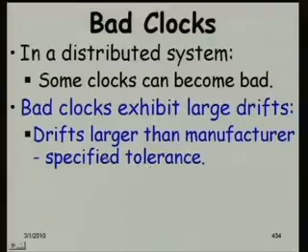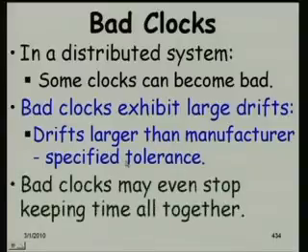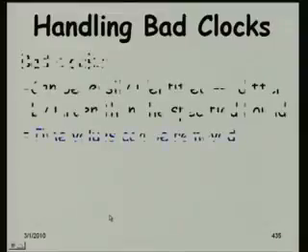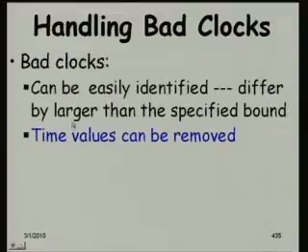So, if a clock drifts larger than the manufacturer specified tolerance, then the time values can be ignored, and the bad clocks may even stop keeping the time altogether, they might not transmit the time, does not matter. So, handling bad clocks is easy, they can be easily identified because they differ by large values and the time values can be removed easily.